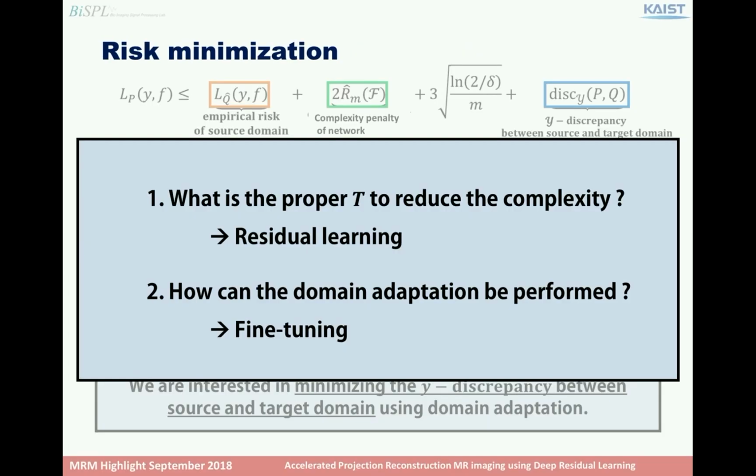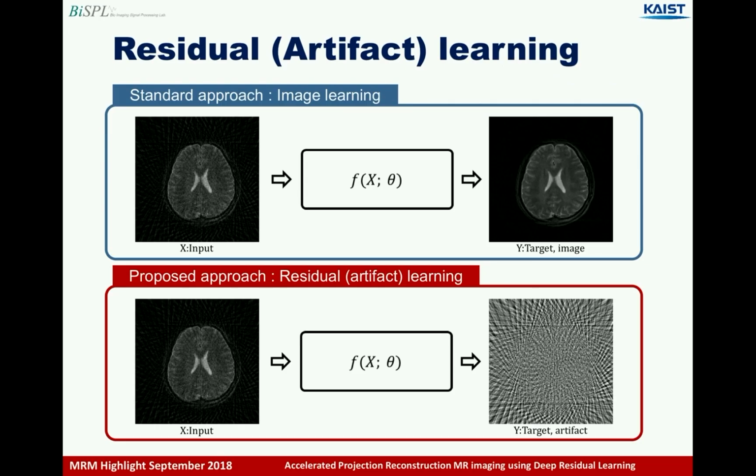Therefore, I would like to address two questions. First, what is the property to reduce the complexity? And second, how can domain adaptation be performed? Our answers are residual learning and fine-tuning. In the standard approach, which is image learning, the network is trained to output the artifact-free image.